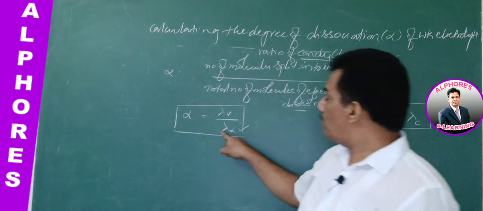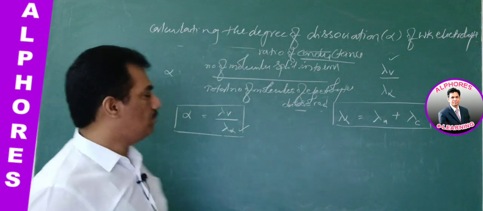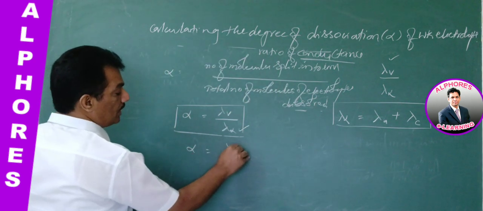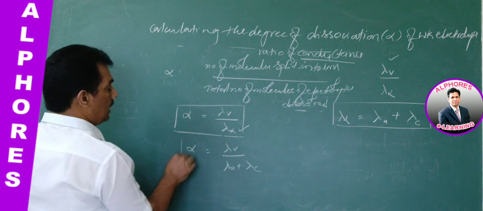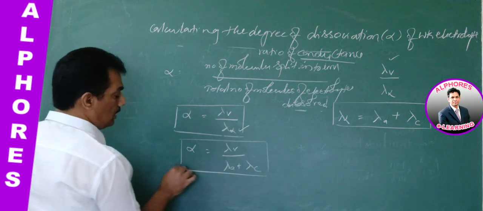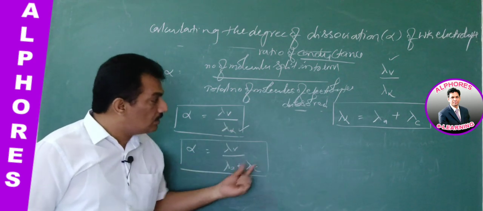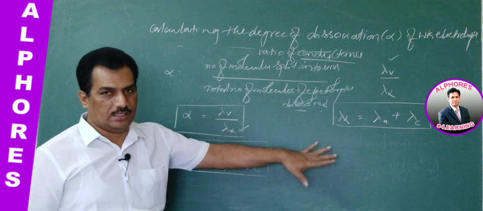So instead of lambda infinity, we can consider lambda A plus lambda C. Here A and C are nothing but anion and cation. So in this relation, again we find the Kohlrausch law application. That's why it is related.